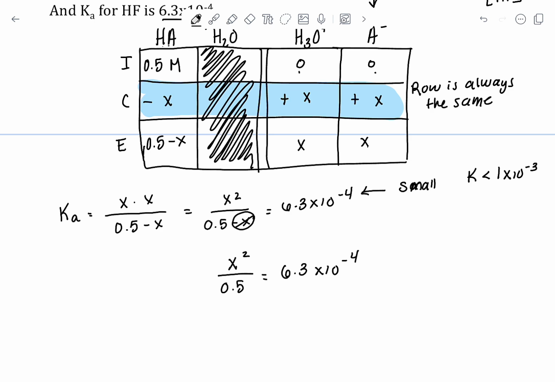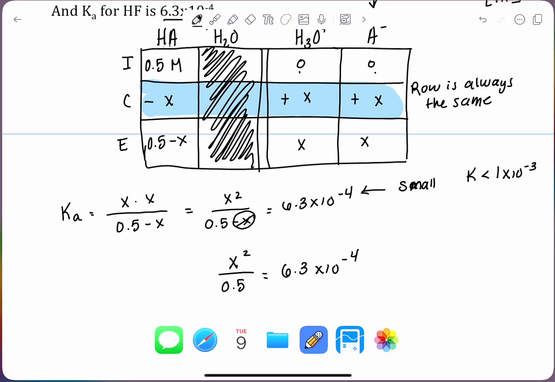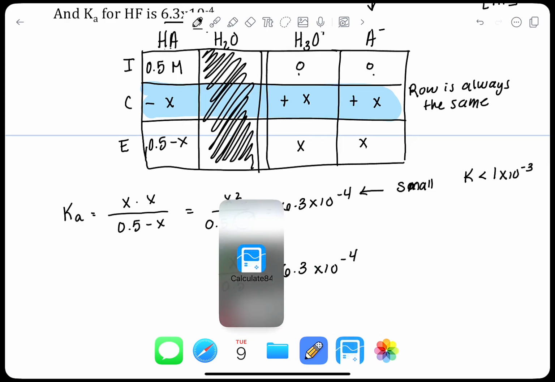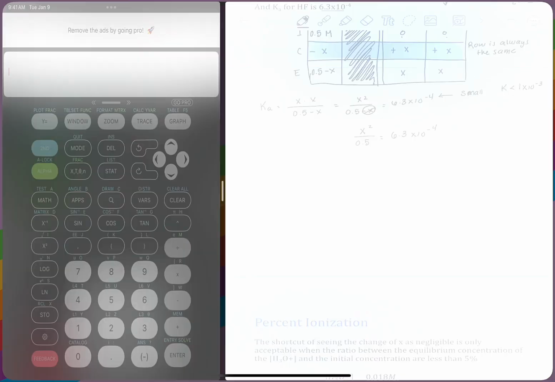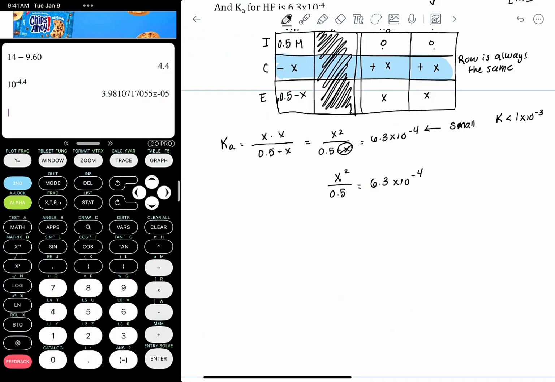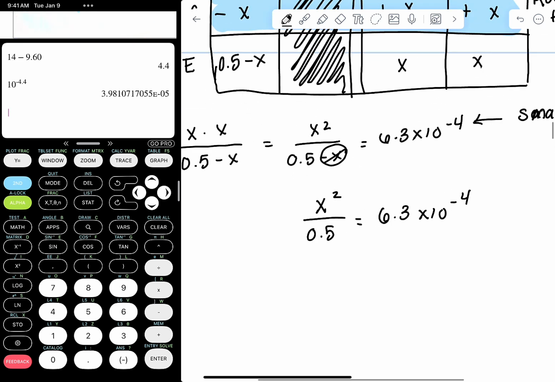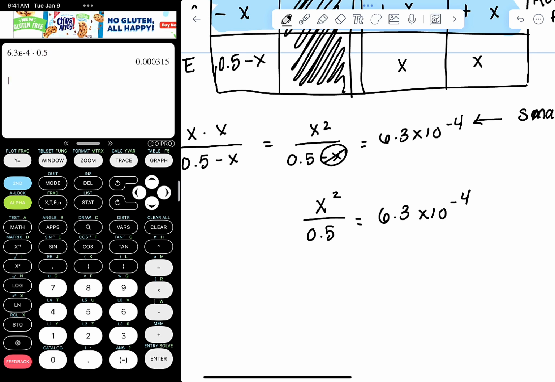So now we can grab our calculators to solve the remainder of this problem. In order to solve this, we're going to take 6.3 times 10 to the minus 4, and multiply that by 0.5, because I want to multiply both sides by 0.5 in order to get X alone.